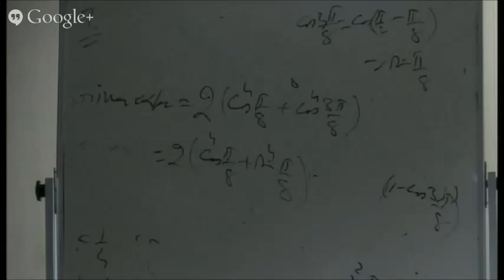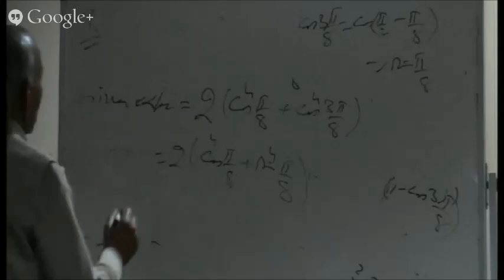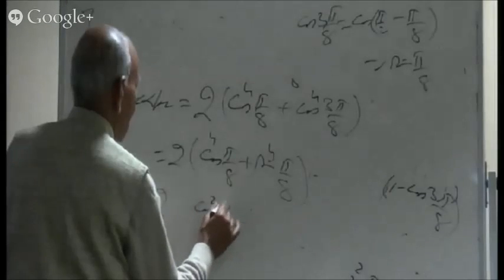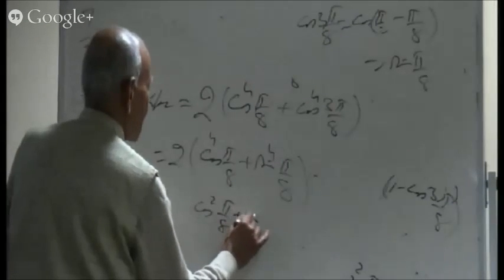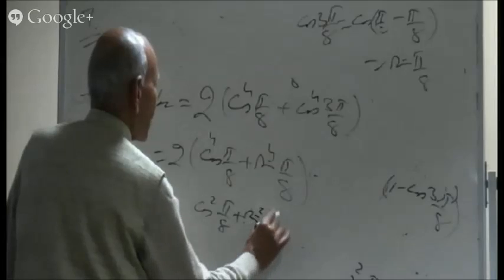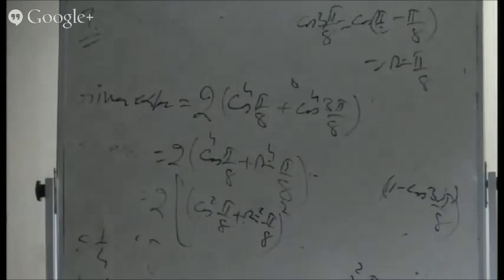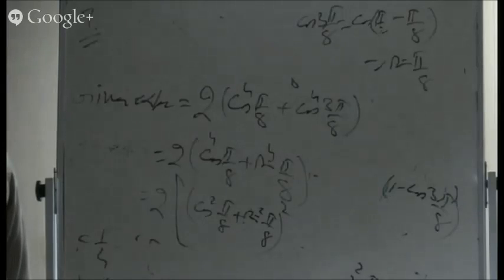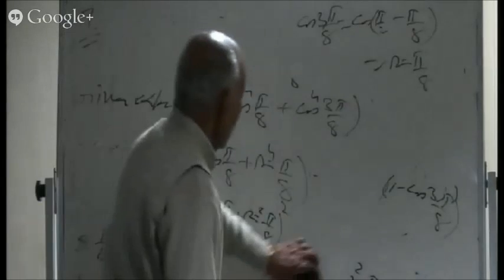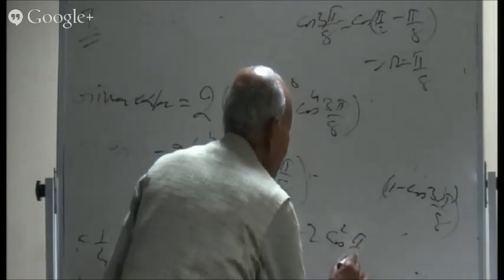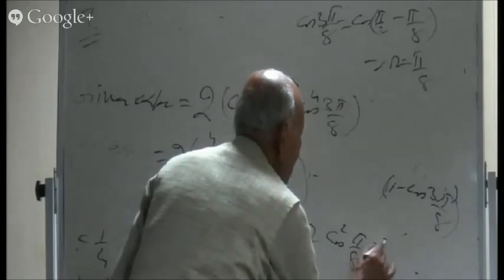So here it is twice of cos square pi by 8 plus sine square pi by 8 whole square, minus twice of cos square pi by 8 and sine square pi by 8.